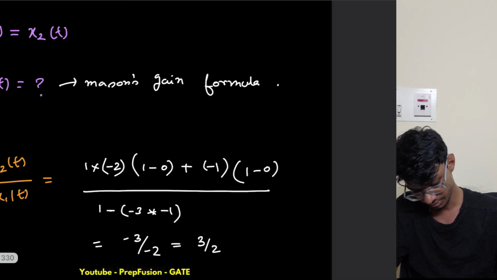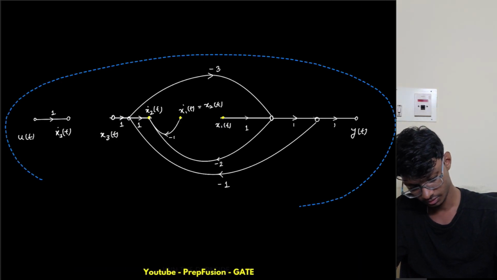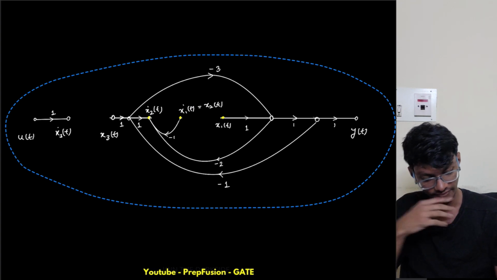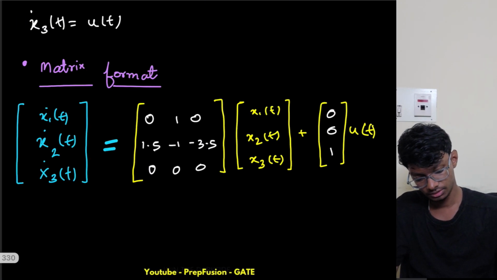Let me again bring the SFG. Again we have to use Mason's formula, as we have multiple forward paths.